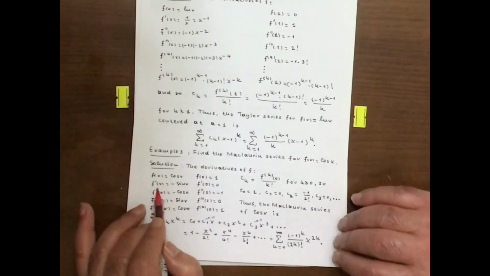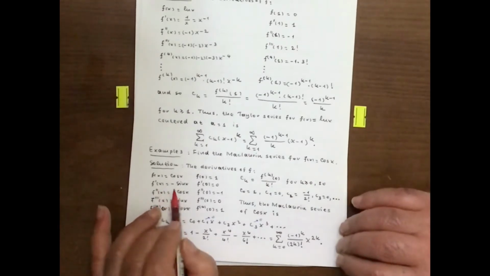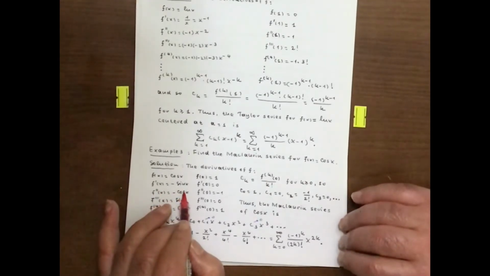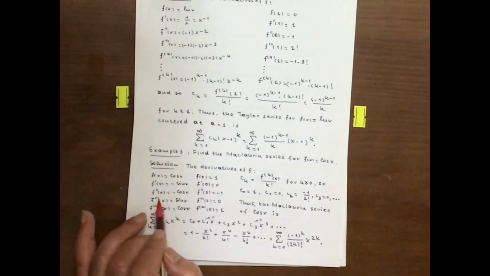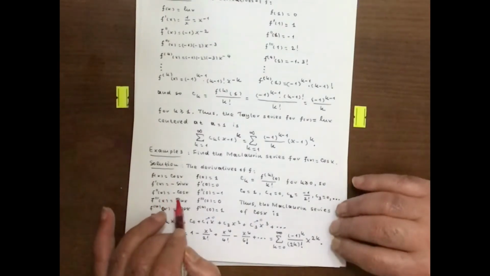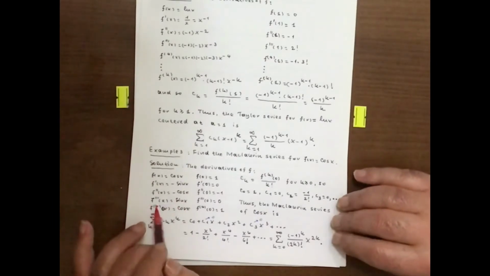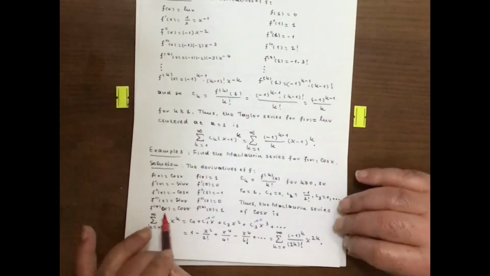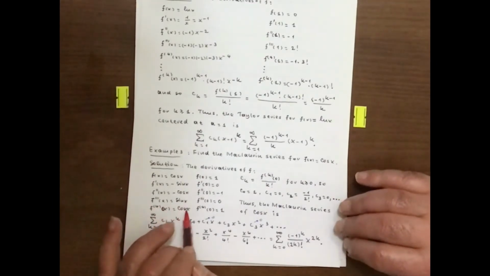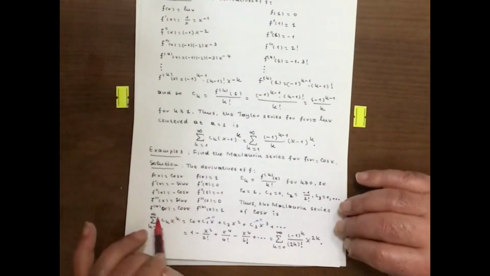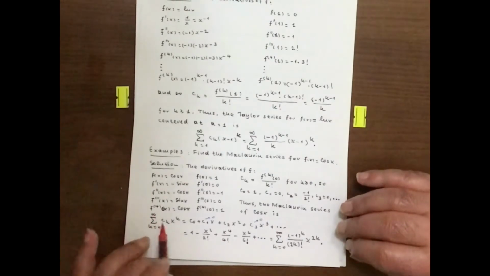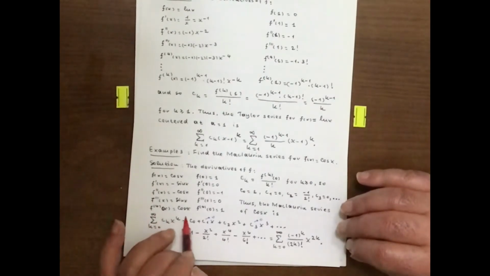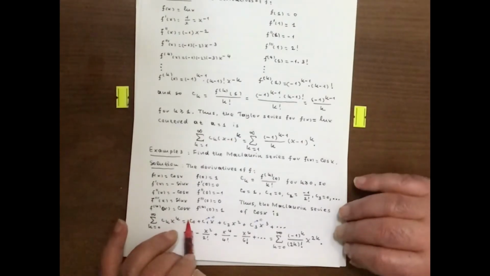F prime of x is minus sine of x. F double prime of x is minus cosine. F triple prime of x is sine of x. The fourth derivative of f at x is cosine x.